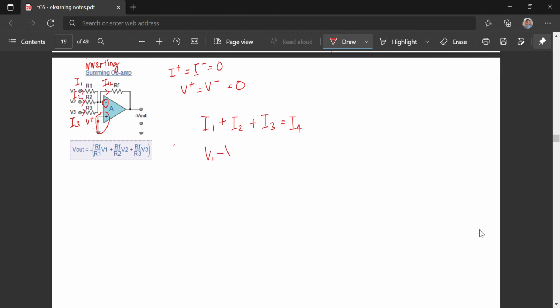V1 minus V minus, divided by R1, and V minus equals 0.